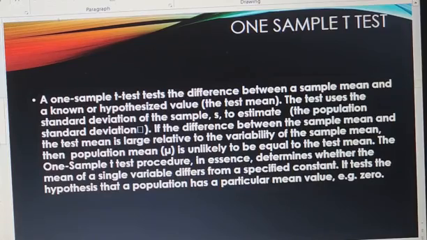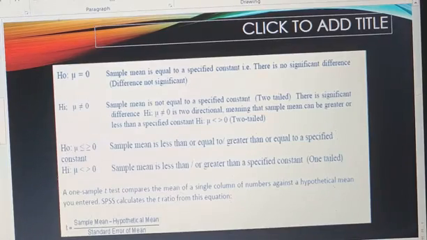It tests the hypothesis that a population has a particular mean value, e.g. mu0. H0 equals mu0: the sample mean is equal to a specified constant, i.e. there is no significant difference. H1 is not equal to mu0: the sample mean is not equal to a specified constant, two-tailed, there is a significant difference.